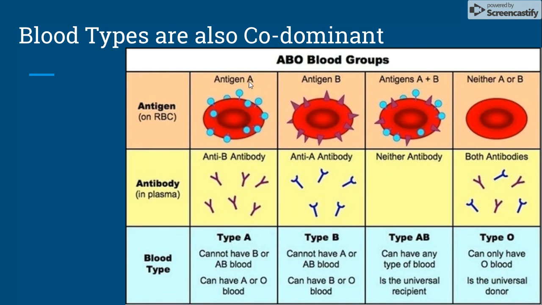So people with blood type A make anti-B antibodies. And vice versa, for people who are type B blood, they make anti-A antibodies. AB makes neither of those antibodies, whereas O makes both.